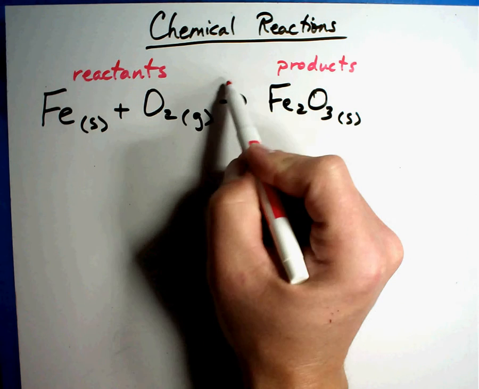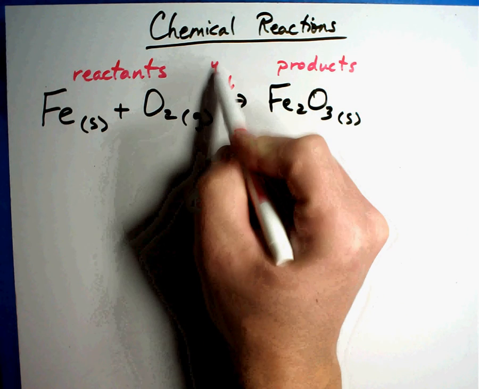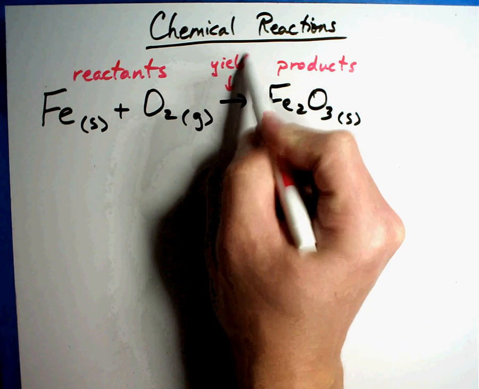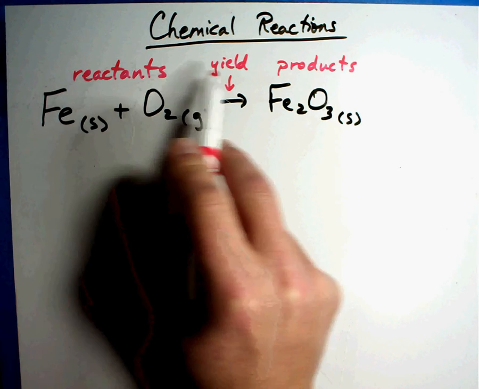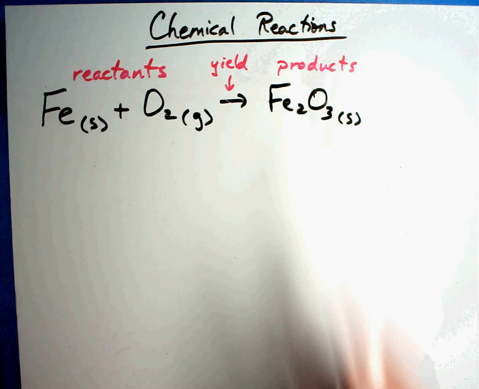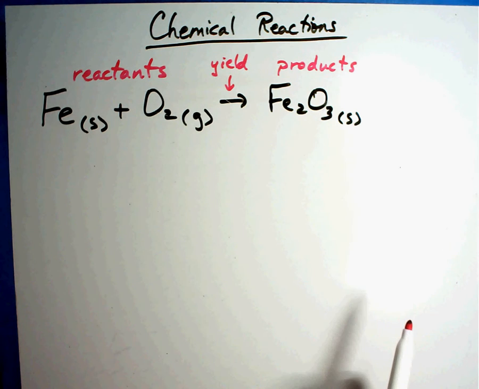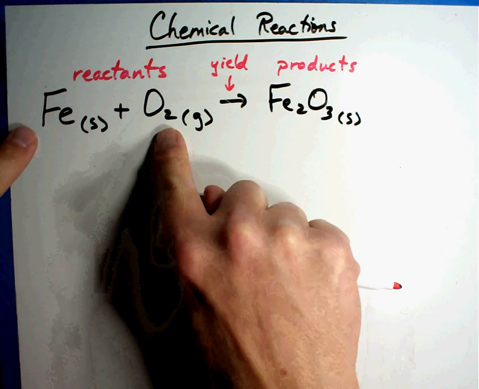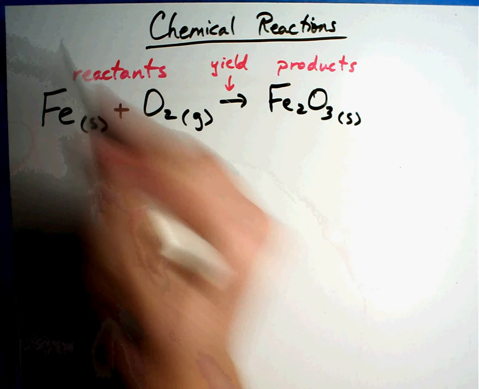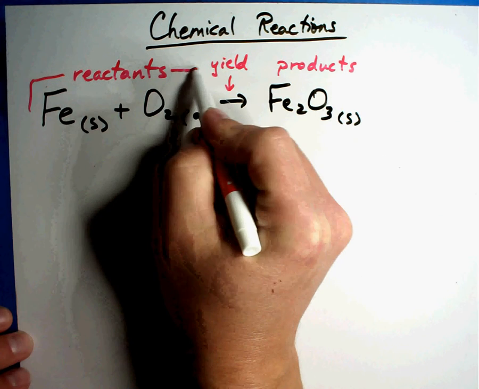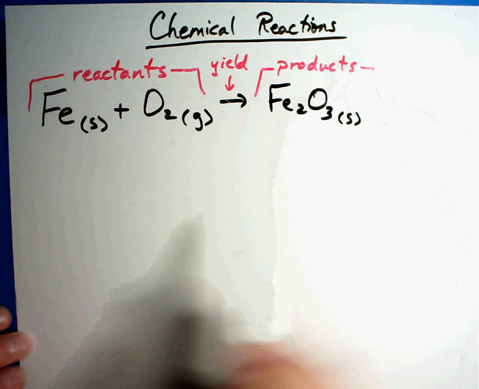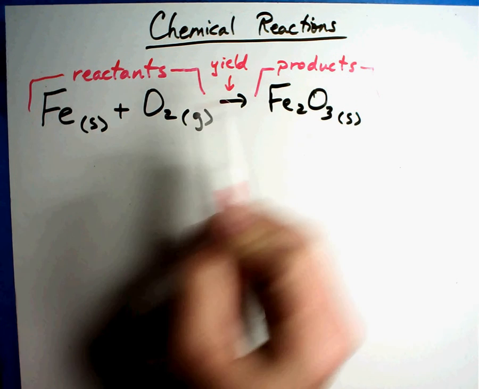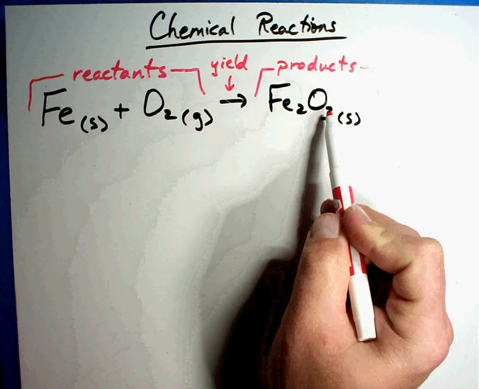The arrow in the middle right here is called the yield sign. Sounds like a yield sign when you're driving your car. So reactants yield products. Those are the two sides of a reaction. So the reactants, that's all of this, yield the products. So in this case, there's 2 reactants and there's 1 product that is made.